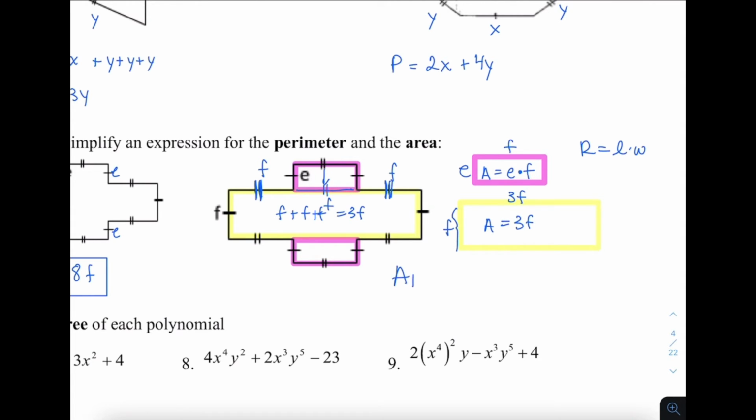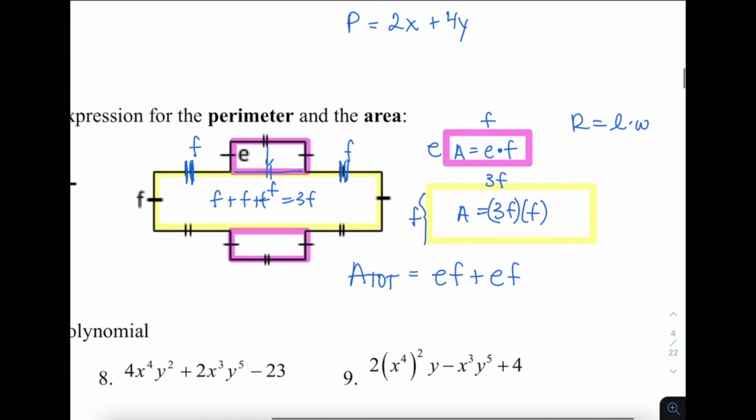Now my total area is going to be one pink rectangle plus another pink rectangle. Oh, sorry. The area of the yellow rectangle is 3F times F. And we know from our last unit that the way we combine this is 3f to the power of 2, right?